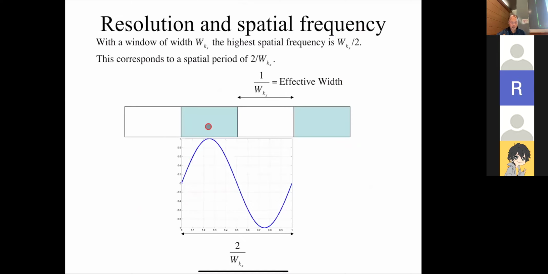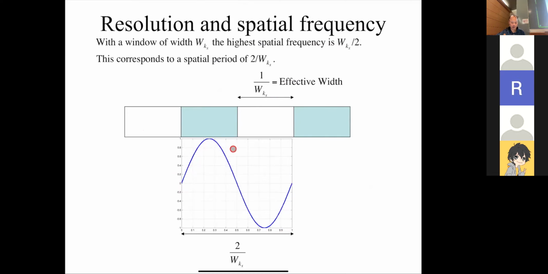So one way to think about that is, let's say I had an object that was changing 1 over WKX. So this is an object that has a certain frequency, right? So if I want to image this object, if I want to have any chance of being able to figure out what the object is, I better have something in my Fourier transform that can multiply that and looks like that object, right?